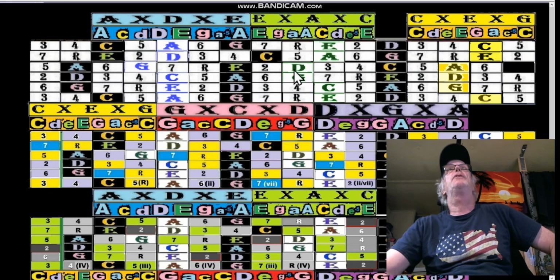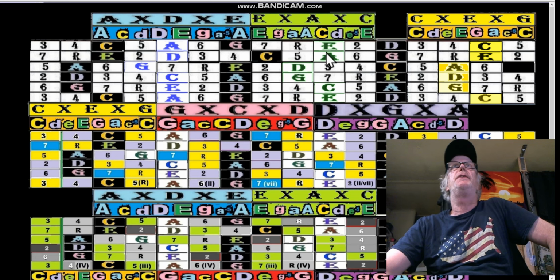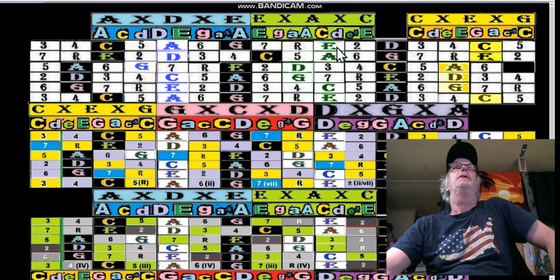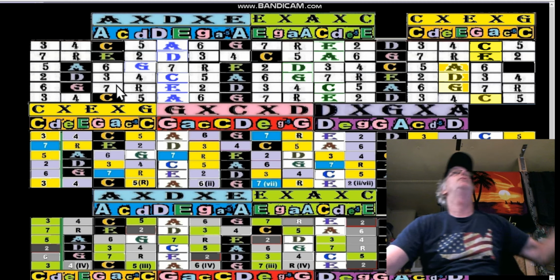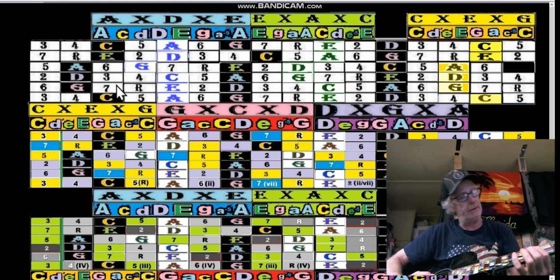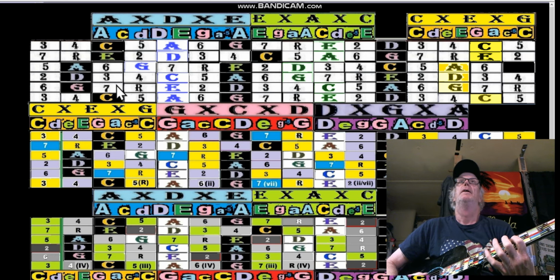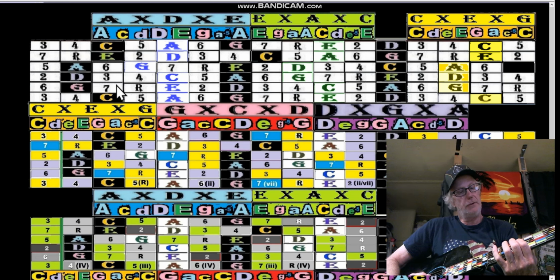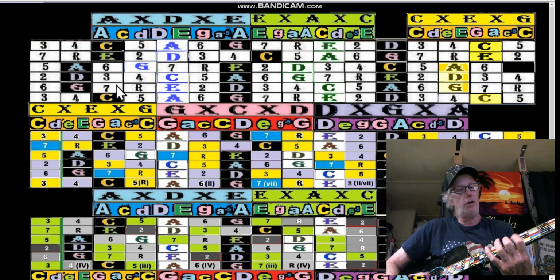So half the battle is knowing what you want to play. The other half is fitting it in. You know, so if you know you're going from an E shape to an A shape, and you're on this 7 root right here, so in the key of C that would be here, you don't want to play the A shape wrong.